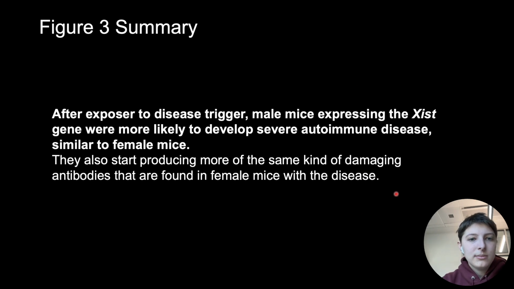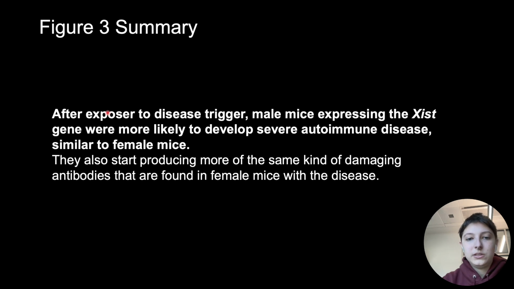After you do this trigger with pristane, you see that the male mice expressing Xist is similar to the female wild type which is also expressing Xist. So again, this is in support of their hypothesis.